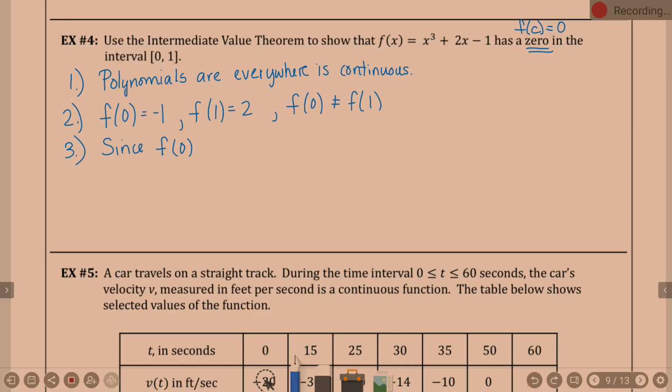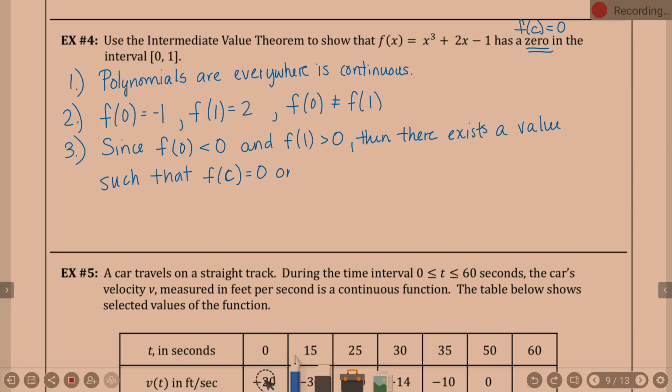On this one I have, since f of 0 is less than 0, and I'm not saying copy and paste, change the numbers, isn't fine, f of 1 is greater than 0, then there exists a value c such that f of c equals 0 on the interval 0 less than or equal to x less than or equal to 1 by IVT.